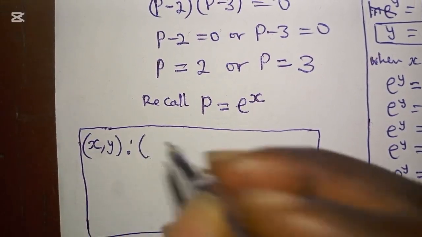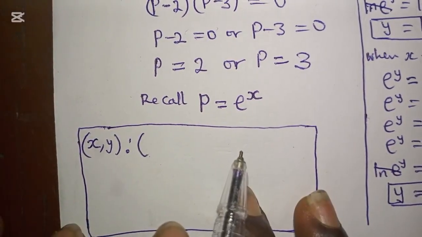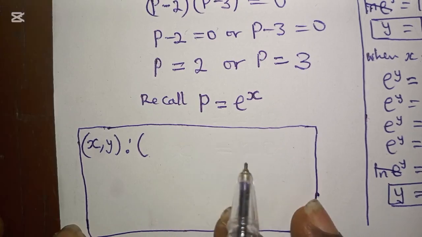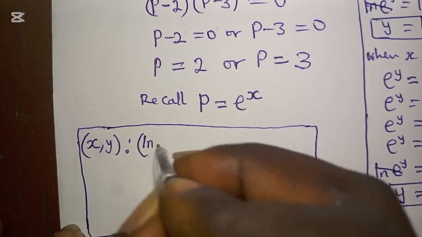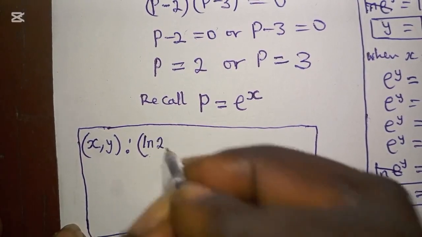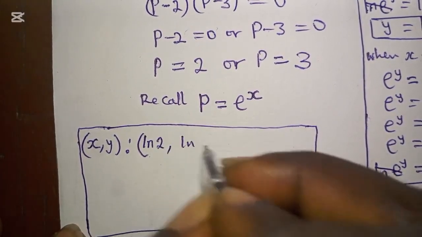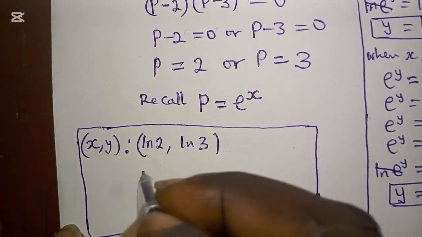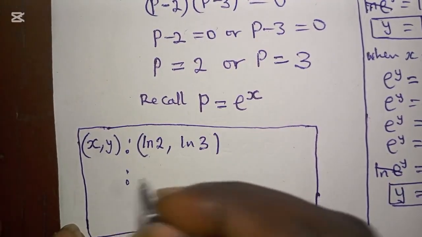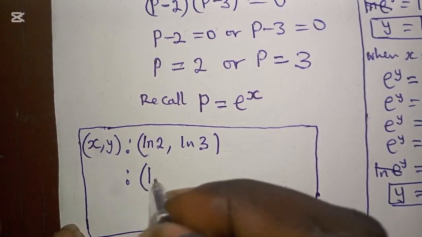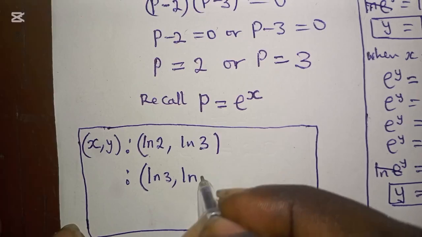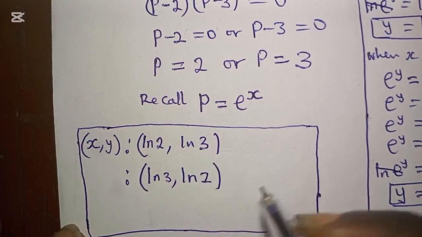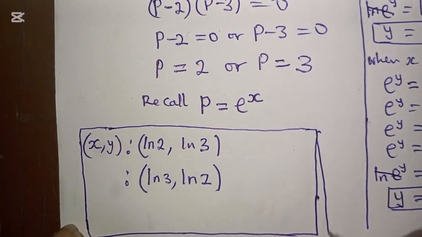That implies that when x is ln 2, y is ln 3. Then when x is ln 3, y is ln 2. That's the final answer.